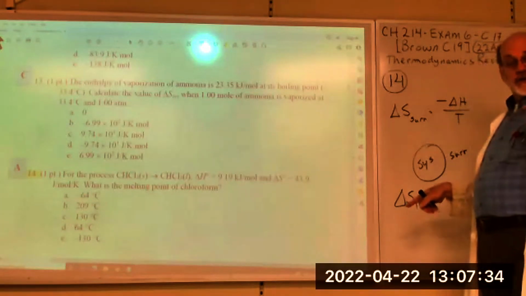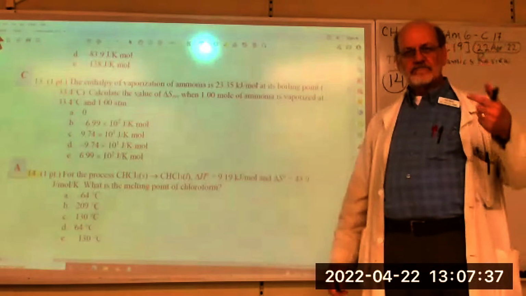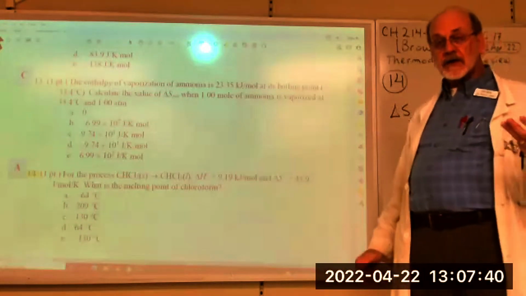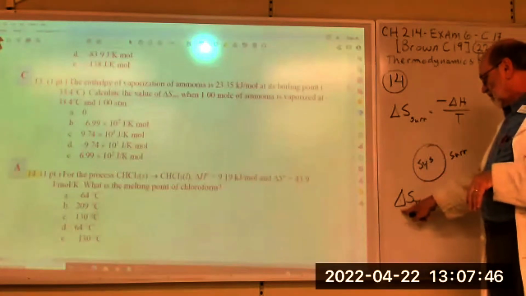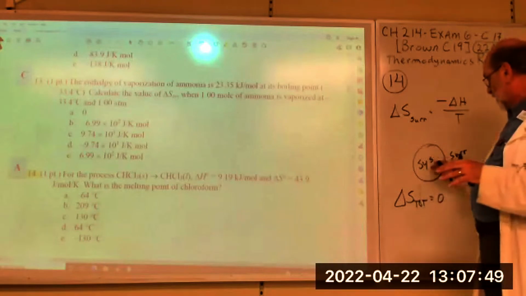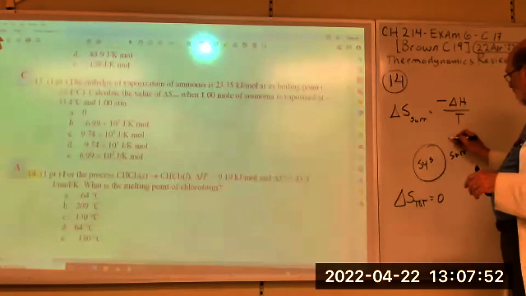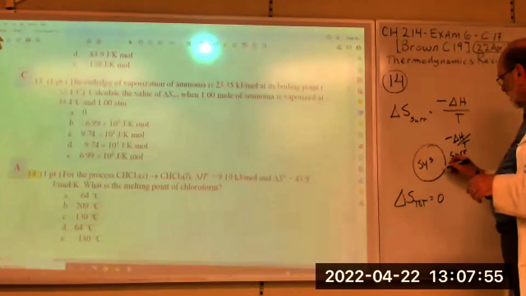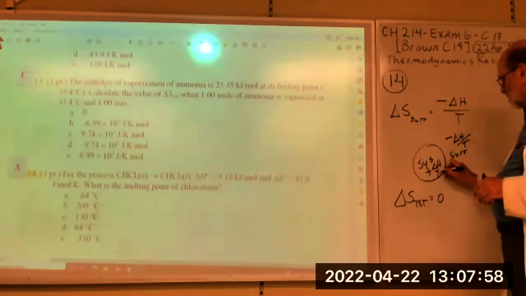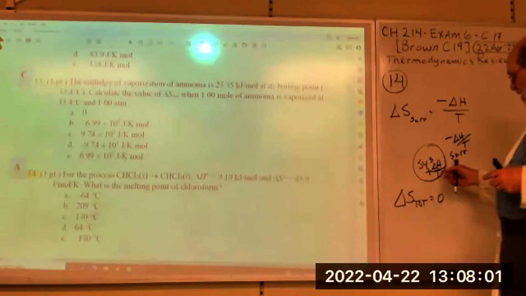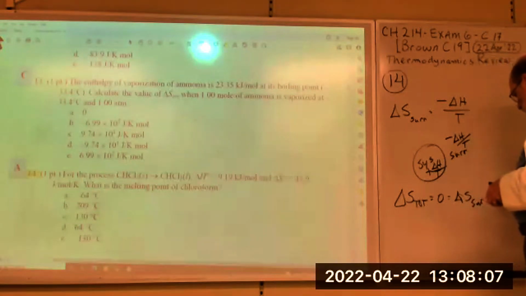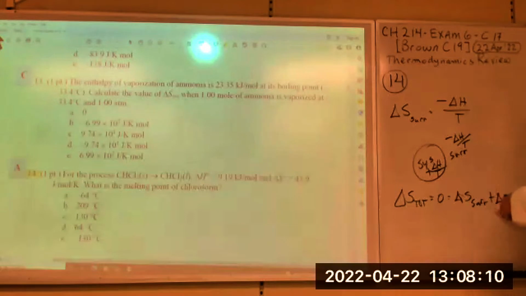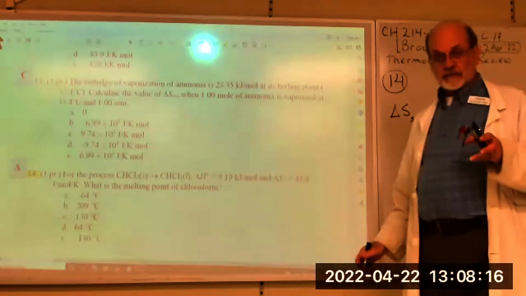So in an equilibrium situation, which is boiling point, melting point, sublimation point, whatever the case may be, when you have both phases together, the change in entropy is balanced between the two. So if this one is minus delta H over T, this one has to be plus delta H over T in order to balance, because when you add them both together, surroundings plus system, they have to be opposite and equal.